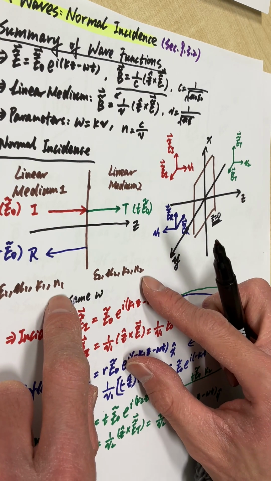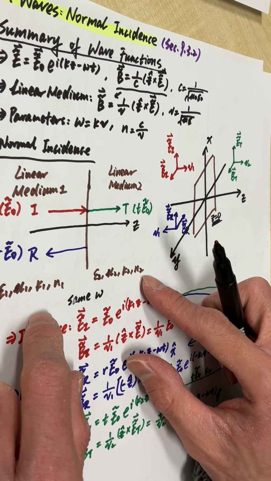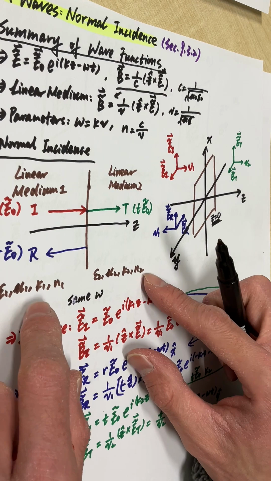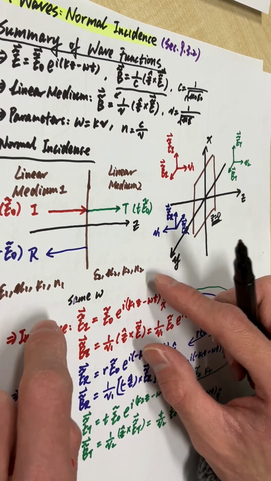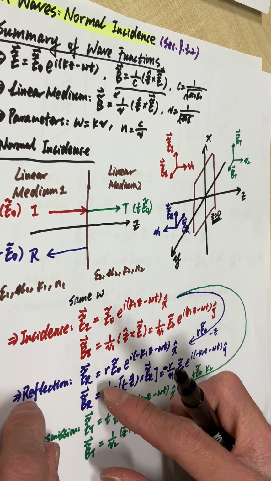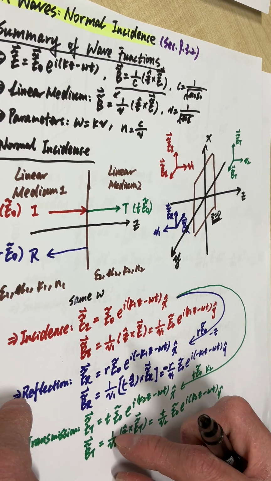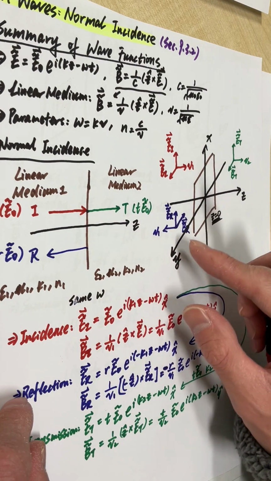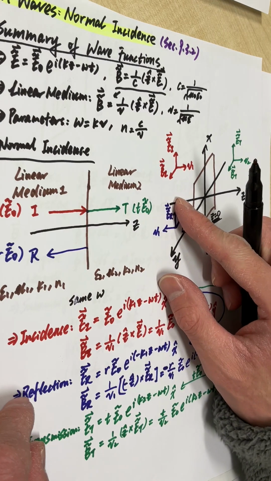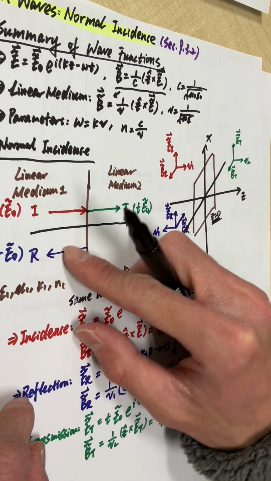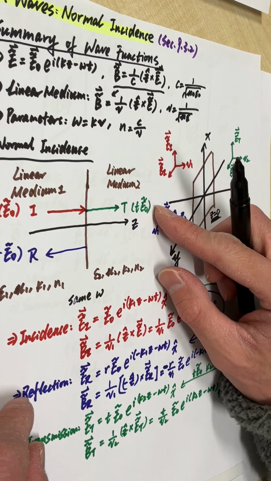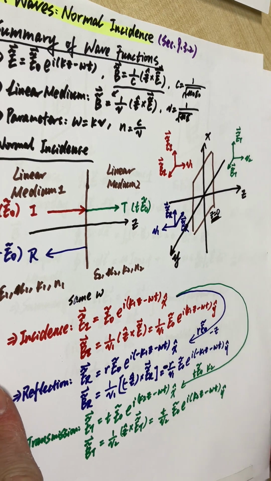So as long as we know what the media are, we can always express the wave function for reflection and the wave function for transmission. We know how much wave is propagated as reflected wave and as transmitted wave.